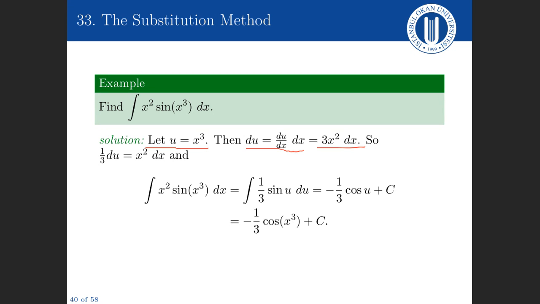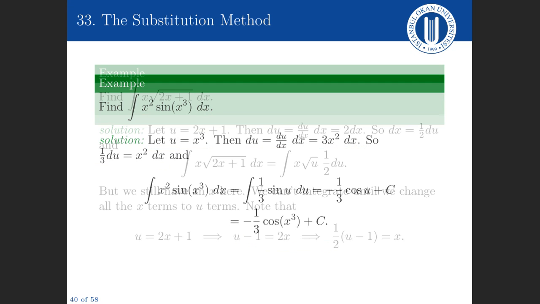Let's look back at the integral. What do we have? I have an x squared, yes, I have a dx, but I don't have a 3. So I'm going to divide by 3 to get my formula. 1 over 3 du is equal to x squared dx. And then I'm ready to calculate the integral. I'll leave it for you to check that if we do the substitution, calculate the integral, and then substitute back again, we get the answer minus 1/3 cos x cubed plus c.